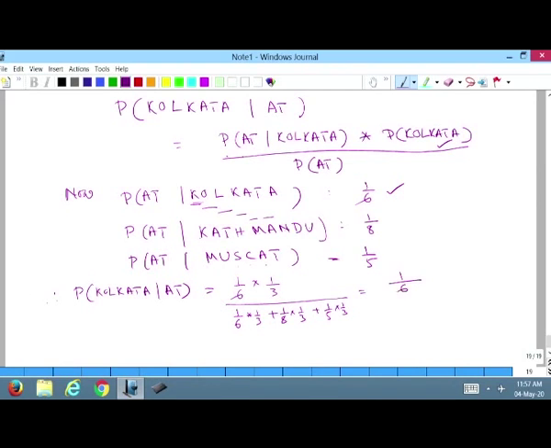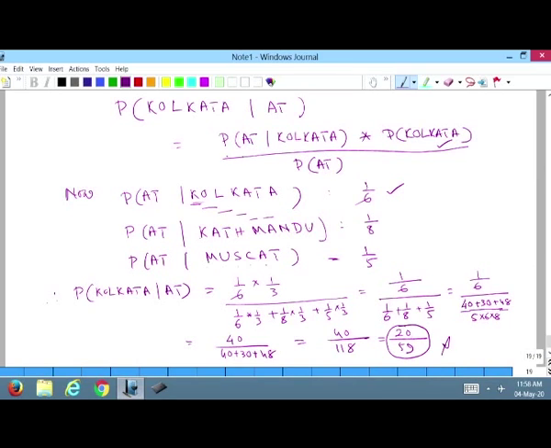That is equal to 1 by 6 upon 1 by 6 plus 1 by 8 plus 1 by 5, which is equal to 40 upon 40 plus 30 plus 48, which is 40 upon 118, which can be further simplified to 20 upon 59.